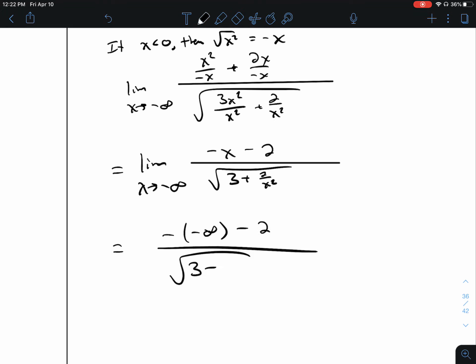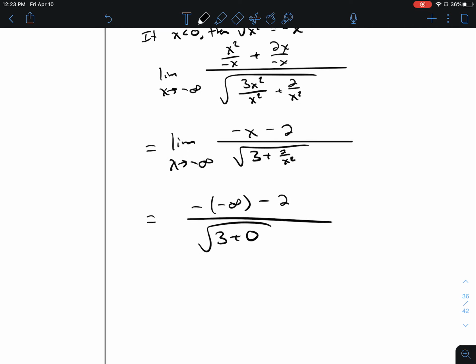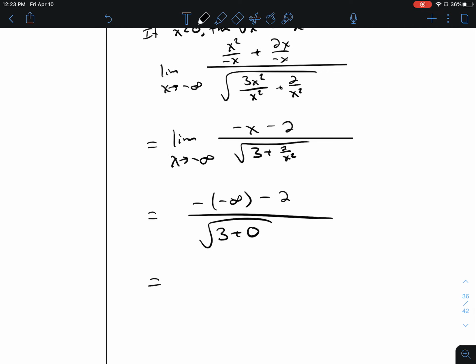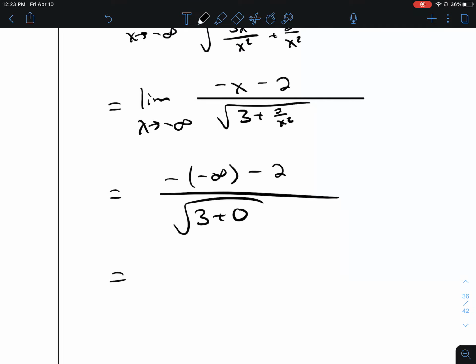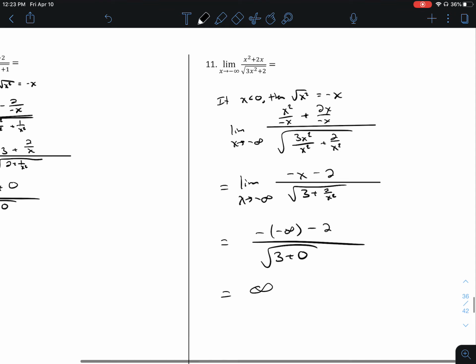In the denominator, we're going to have the square root of 3 plus 0. A negative infinity is positive. Positive infinity minus 2 is positive infinity. If you divide that by square root of 3, you're going to get positive infinity. So this limit does not exist. But we do want to know that it's approaching infinity.